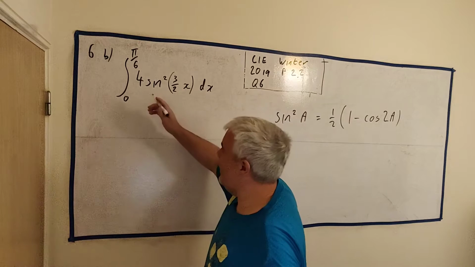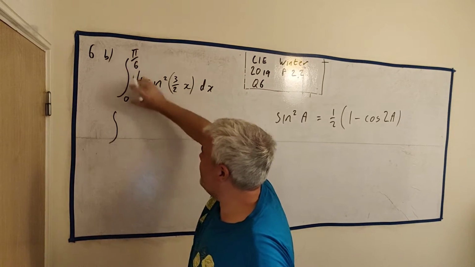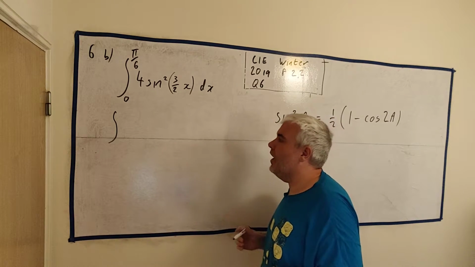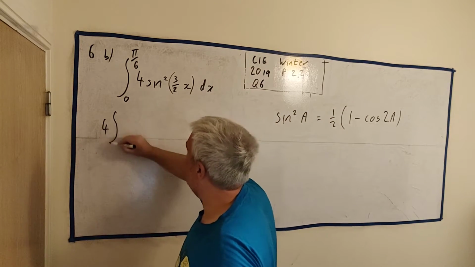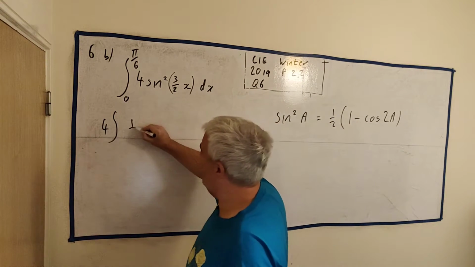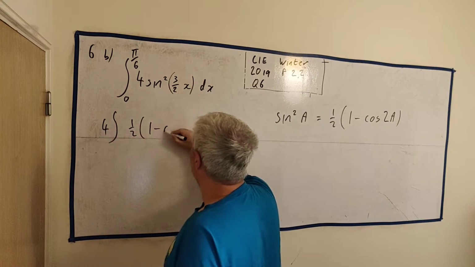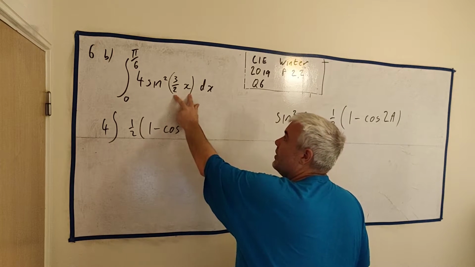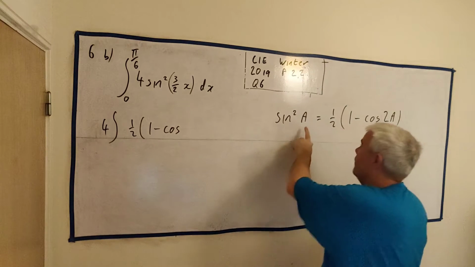So let's try that. We'll write this out again. I'll leave these numbers off until the end, or until I end up changing something. The 4 can be left outside. Instead of sine squared, now I'm going to write a half times 1 minus cosine, and what's in here is 3 divided by 2 x.